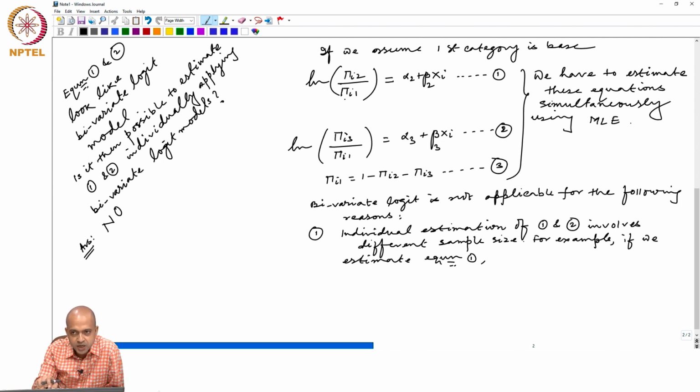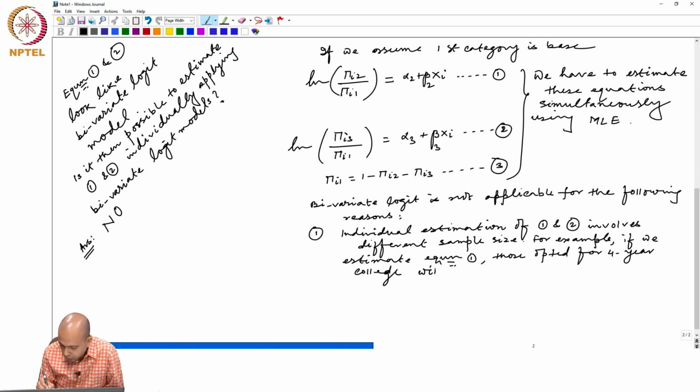So from the entire sample, those observations will automatically be dropped. So if we estimate equation 1, those opted for 4-year college will be dropped.